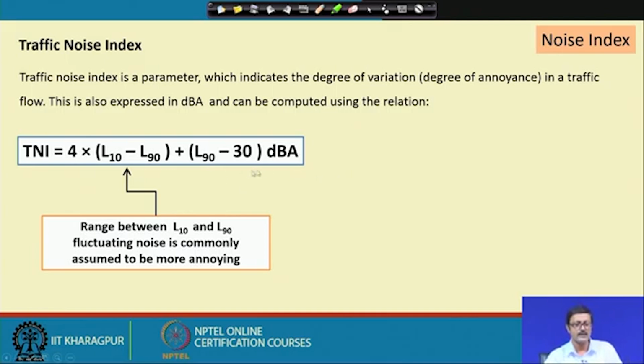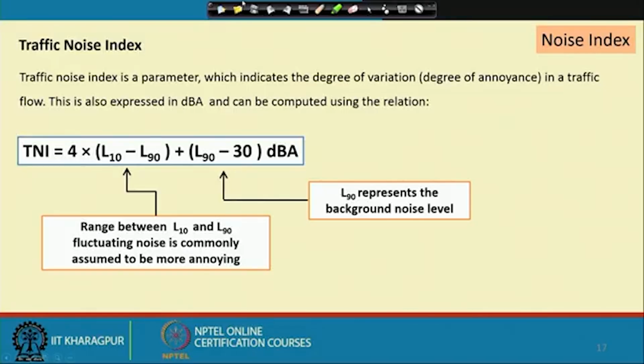What is this L10 and L90? The upper limit and the lower limit; the range between L10 and L90 gives the fluctuating noise between these two points. Why is it L90 minus 30? Because L90 is not the upper limit, L90 is the lower limit. So, L90 represents the background noise.